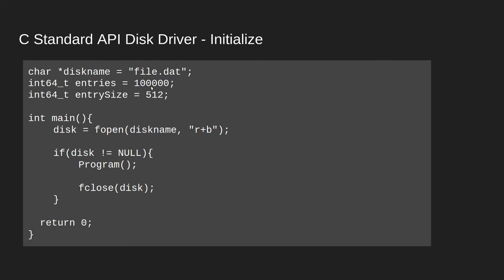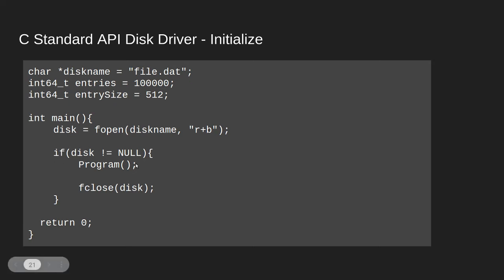Now, this file was already initialized to be of size 512 times 100,000. We open this disk using read plus, which means read or write, and binary, which means that we will read and write using binary and not the special text mode in C that might interfere with the access to the disk in this example.